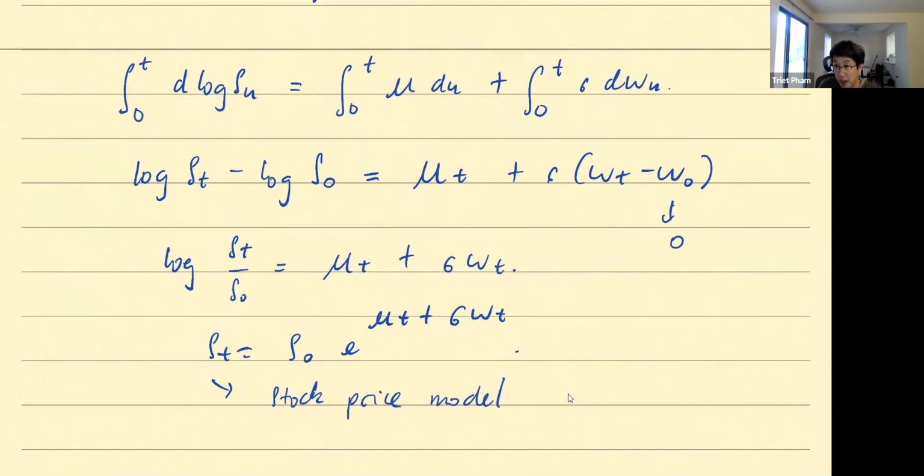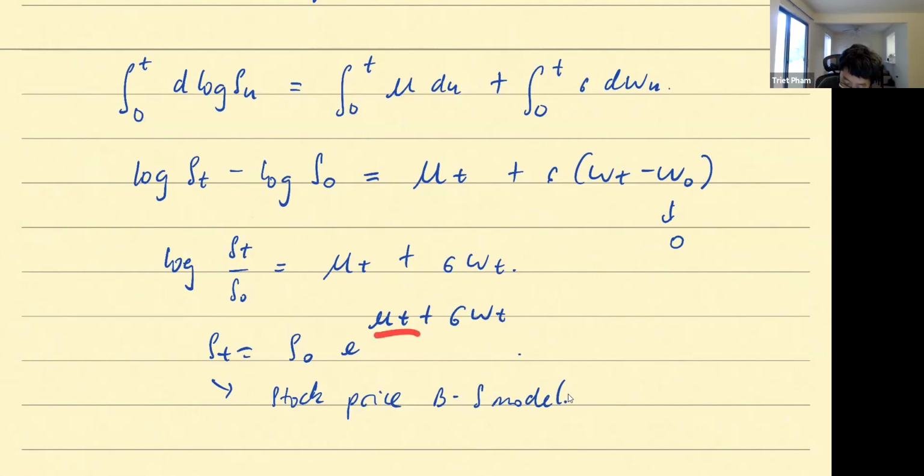And of course, this is the Black-Scholes model, the stock price Black-Scholes model. Now, of course, the notation might get a little bit confusing.